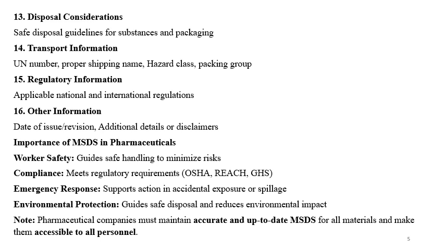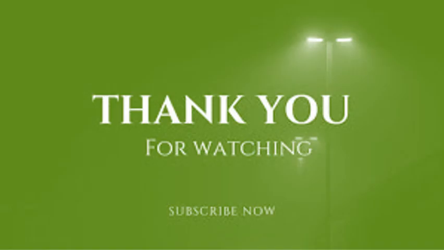You might have come across the MSDS for the APIs, excipients, chemicals, reagents, and also for the products. So whenever you come across the MSDS, you go through that MSDS. It will give you some information and it will help you to understand about the material properties.